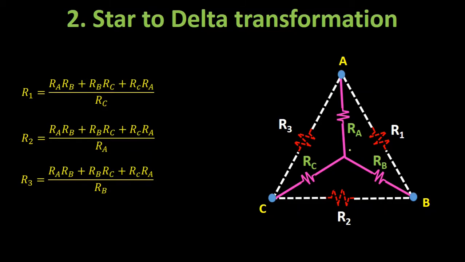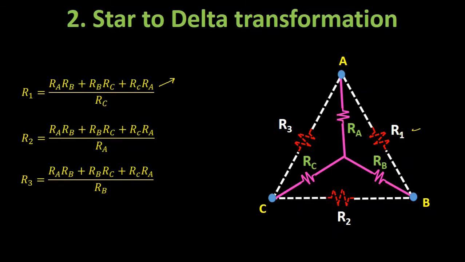So we take the star connected network and we draw one delta connected network outside this star connected network as shown here. Now R1 will be equal to, this is R1, R1 will be equal to RA RB plus RB RC plus RC RA. This numerator we have to keep in mind, divided by the resistance which is in front of this R1 in the star connected network.